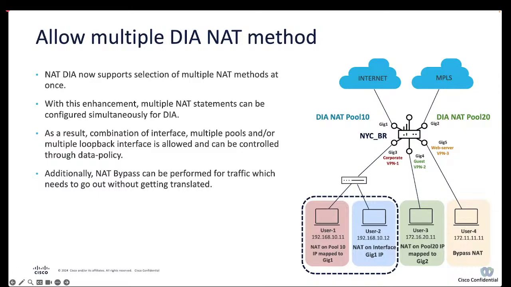All right, so let's understand this with one example. As you can see in this diagram, we have this router where we have NAT enabled on the physical interfaces. There could be multiple use cases for that. So let's say you have a corporate VPN configured, like we have demonstrated here, one of the service VPNs, and inside the corporate VPN you have 2 users, user 1 and user 2, right?